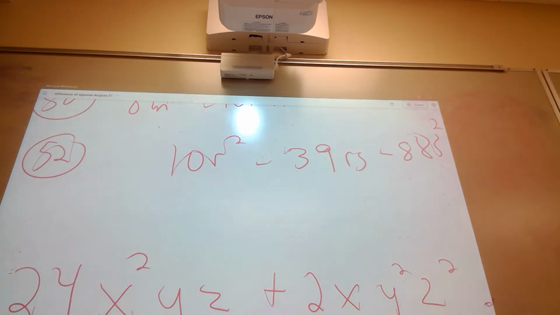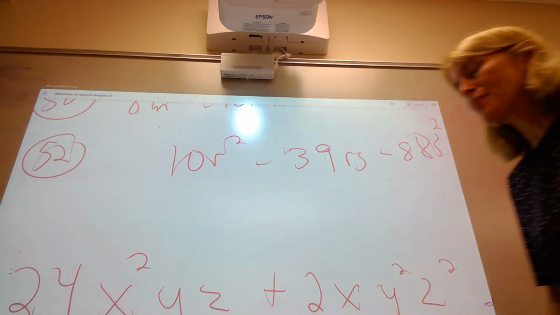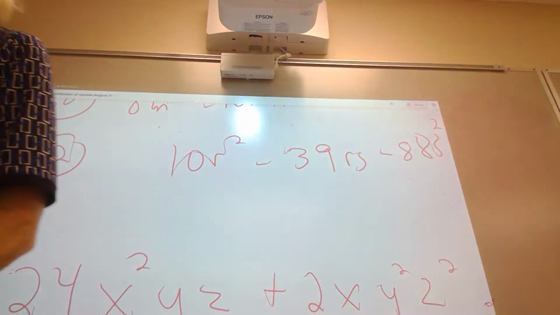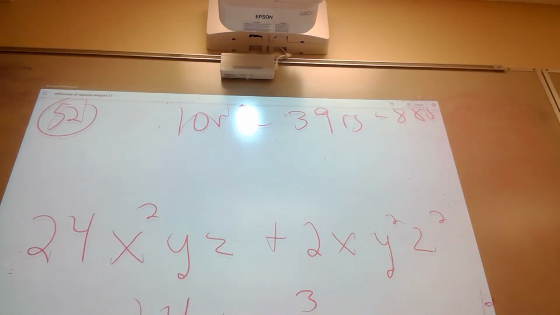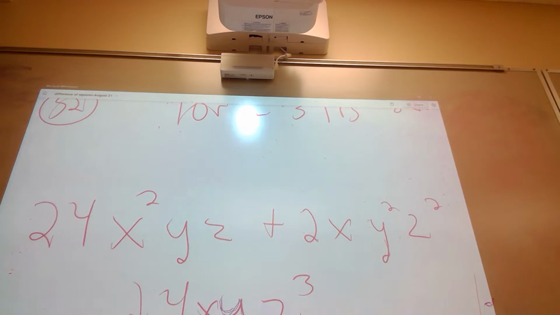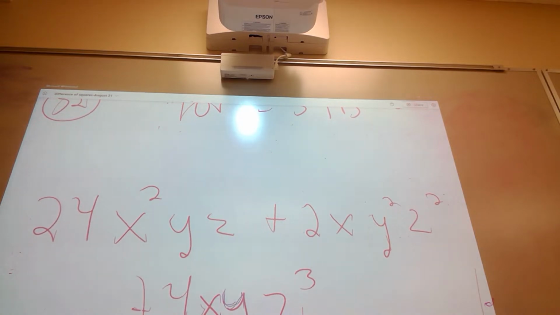24 divided by 2 is... okay, so you pull out 2xyz, and we're going to add one more. Oh man, I forgot to add this. But we can keep going.